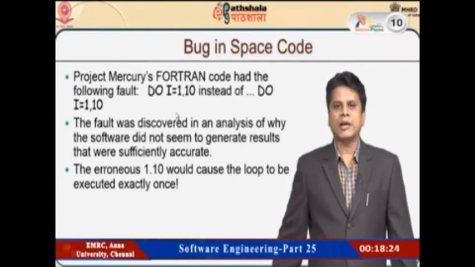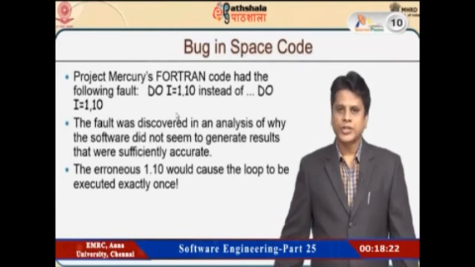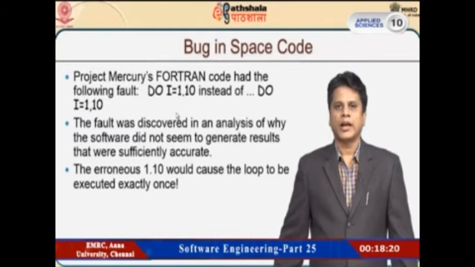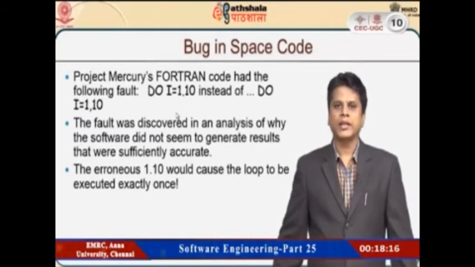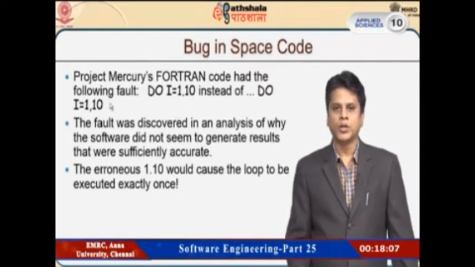We will see a few examples which have actually happened as part of the implementation of this code. Say if you look at Project Mercury's Fortran code, this had a faulty code mentioning a loop, DO I equals, it should have been 1 comma 10, instead of that the programmer has typed 1.10.